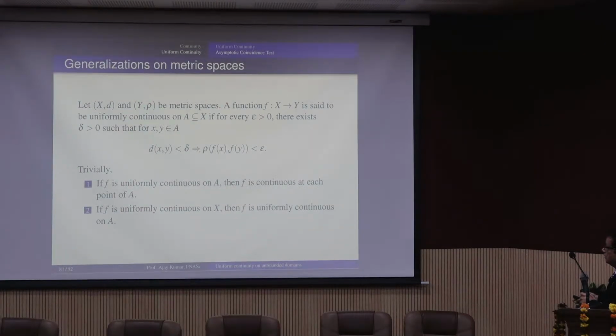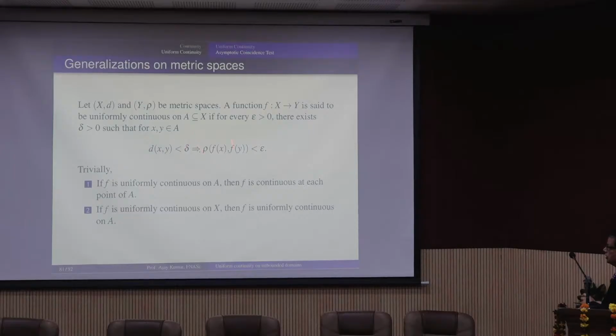From R2 you can go to, quickly, I will just mention, those who are in the second year or third year can understand a little bit. Instead of the modulus, there is a distance on the non-empty sets X and Y, and such a function is uniformly continuous if, when the distance in X is small, the distance between f(x) and f(y) is also small.